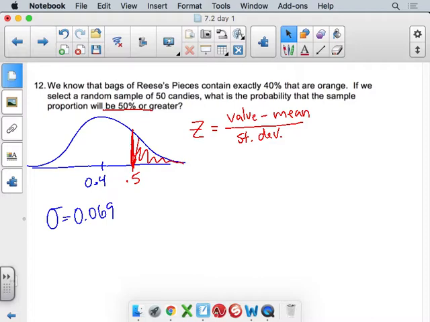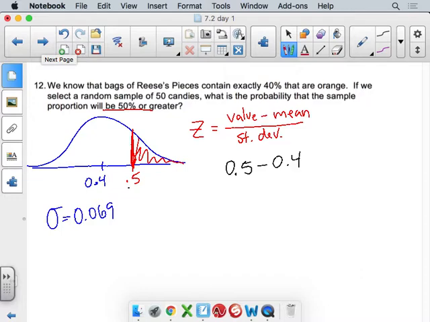So I want to standardize what this 50% is in comparison to this setup. So it would be 0.5 minus 0.4 divided by 0.069, which ends up being about 1.449, and the z-table goes to 2 decimal places.